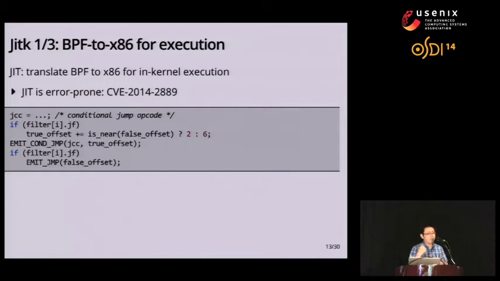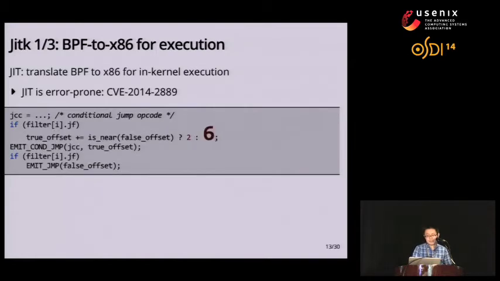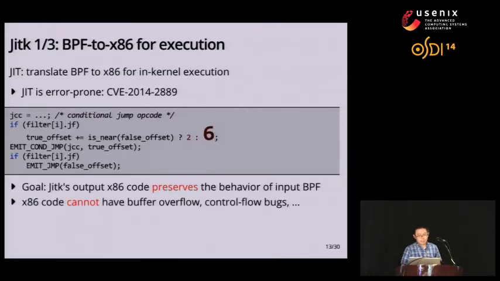You can see it emits a bunch of crazy opcodes. And where's the bug? Actually, there's a very serious bug. This is 6. It's wrong. It should be 5 because it's a jump plus a 4-byte offset. And you can actually exploit this bug to inject code into the kernel. So we want to avoid that kind of bug.